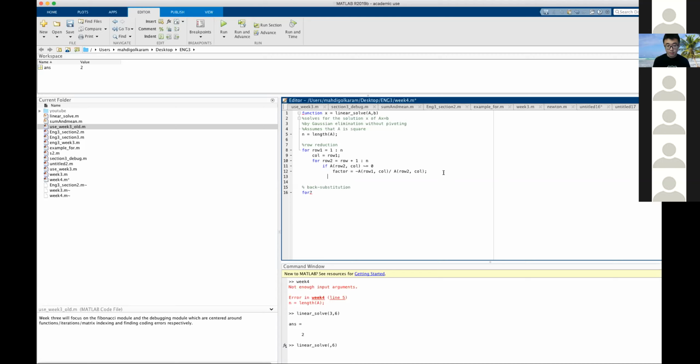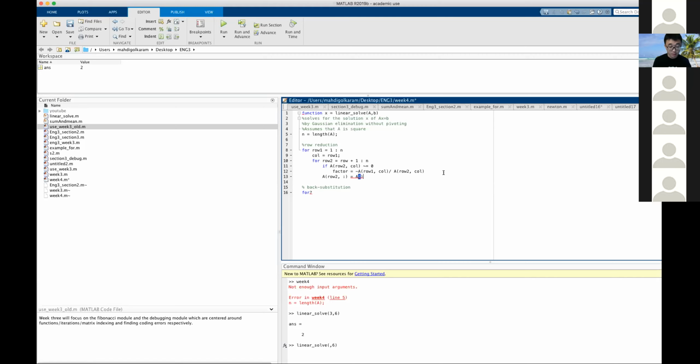Okay, so now we have the factor. And after we have the factor, then we know A row 2, because we are trying to apply the first row to this, anyway, we are trying to do the row reduction, right?